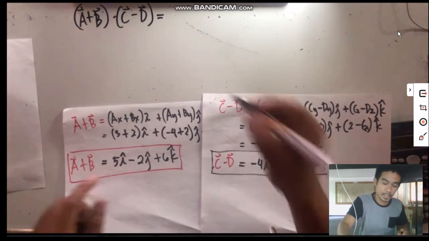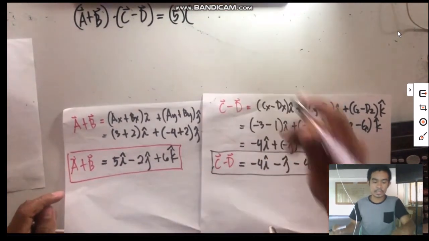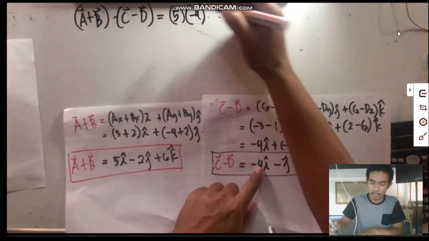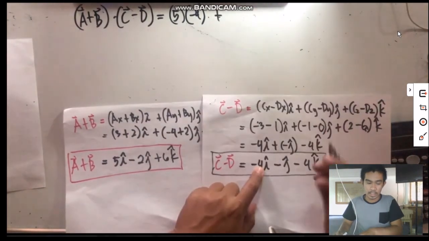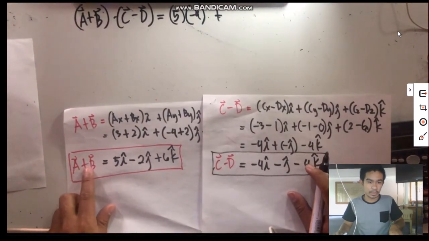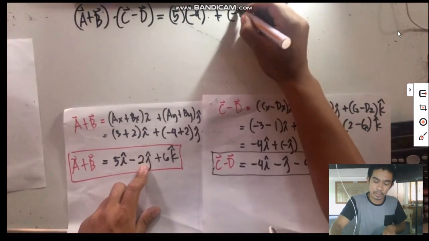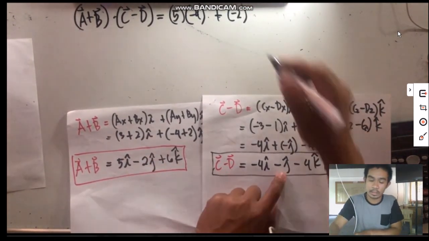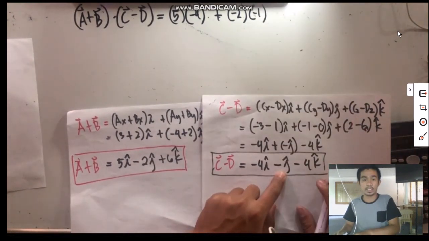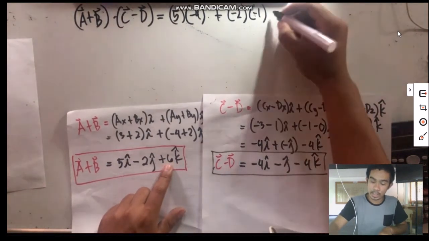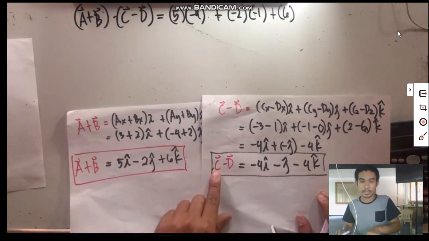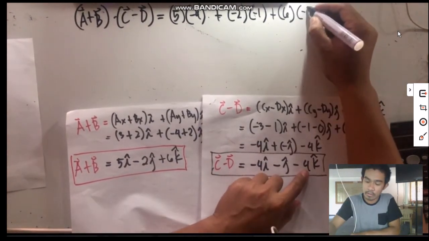That's 5. So this is 5 times the x component of vector C minus vector D, that is negative 4, plus the y component of vector A plus vector B, that is negative 2, times the y component of vector C minus vector D, which is negative 1, plus the z component of vector A plus vector B, that is 6, times the z component of vector C minus vector D, which is negative 4.